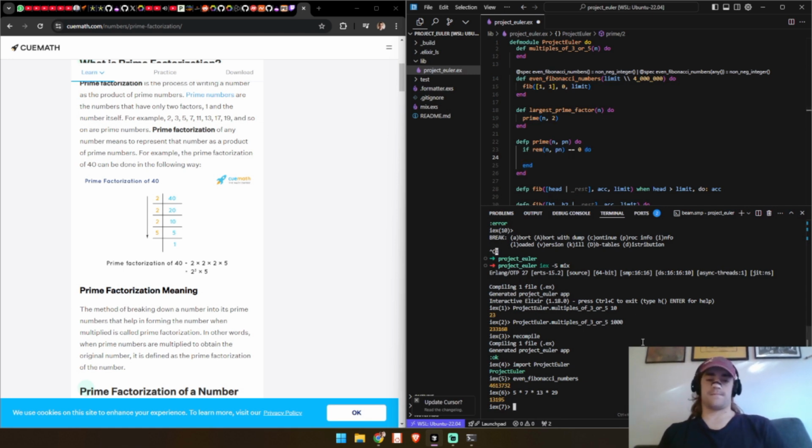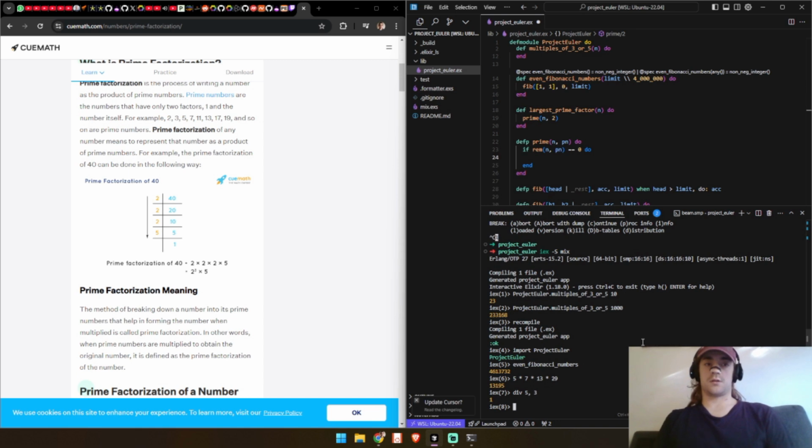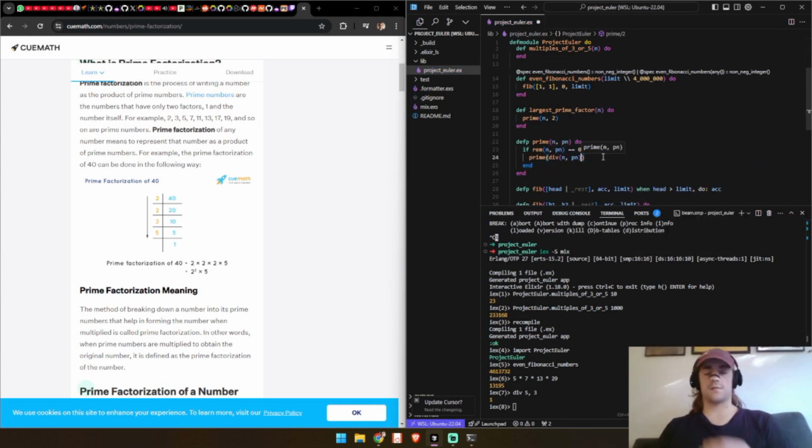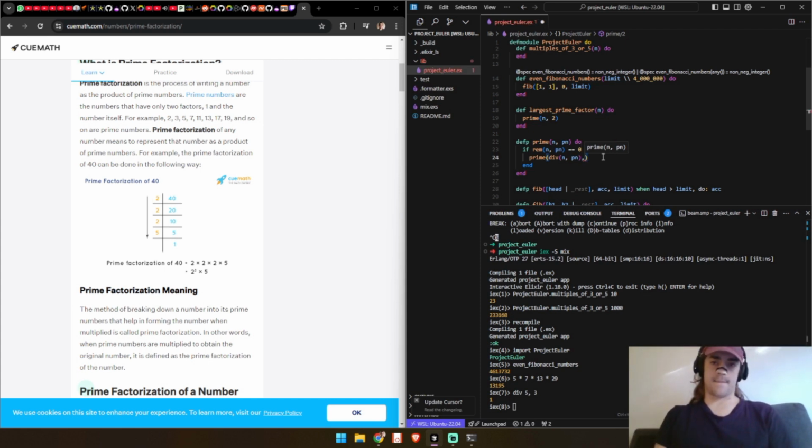So like division in Elixir, function div returns an integer, which will be an integer if it is divisible, so that's fine, we can use div. So we can call prime again and use div on n and Pn, return that division, and then return the same prime number.